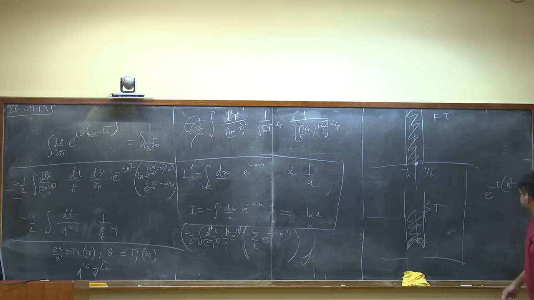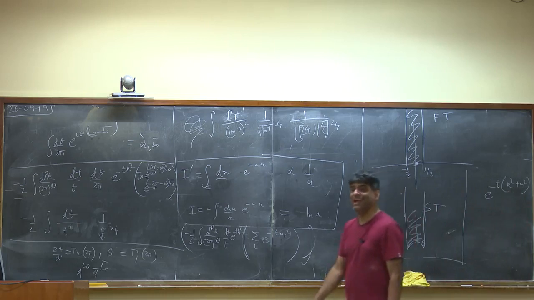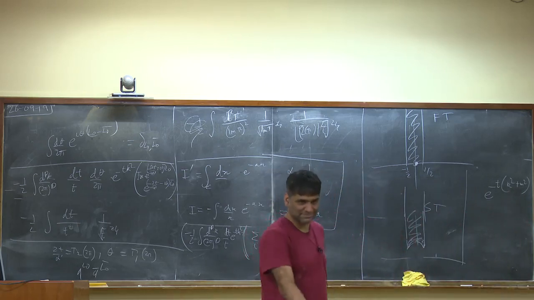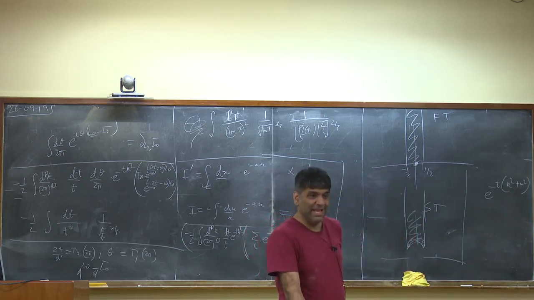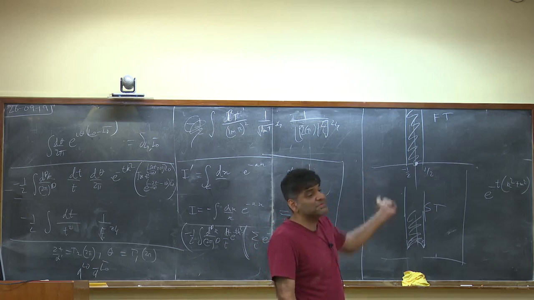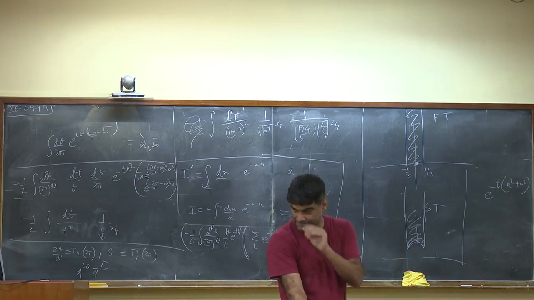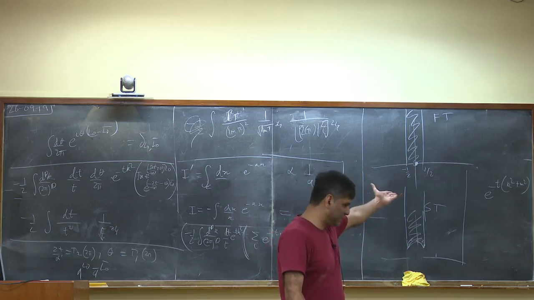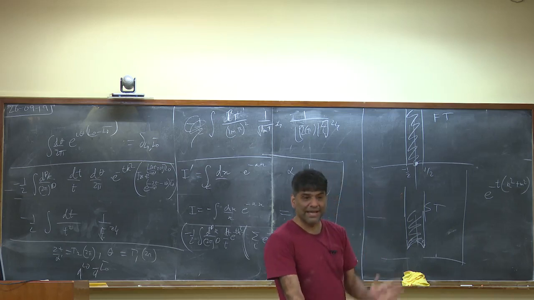So, if t is very large, we can only possibly get contributions from very small k. Any reasonable k is just killed off in this integral. Only very small k.